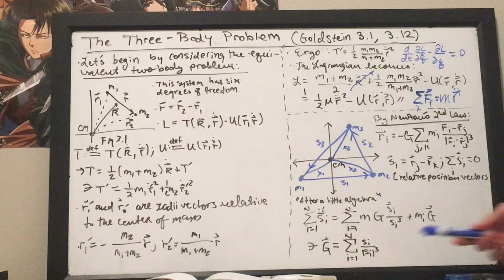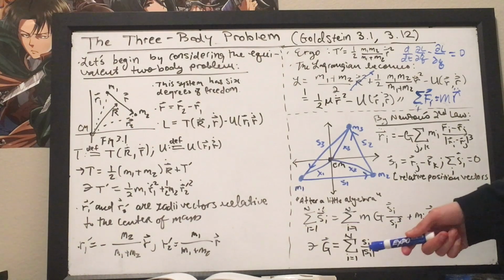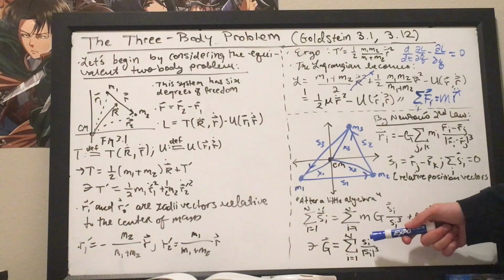And then the big G vector here is just the sum of all of your individual relative displacement.